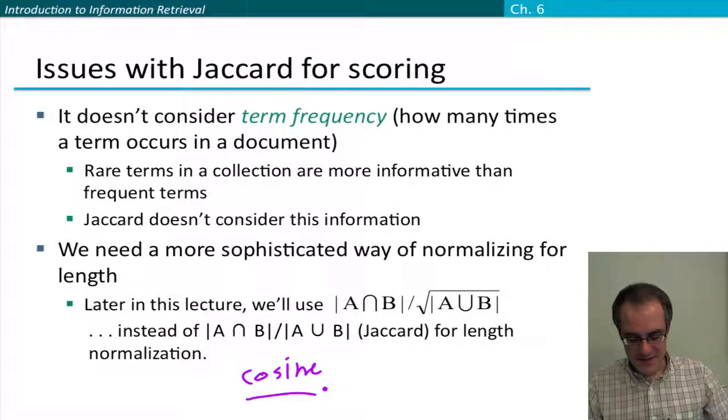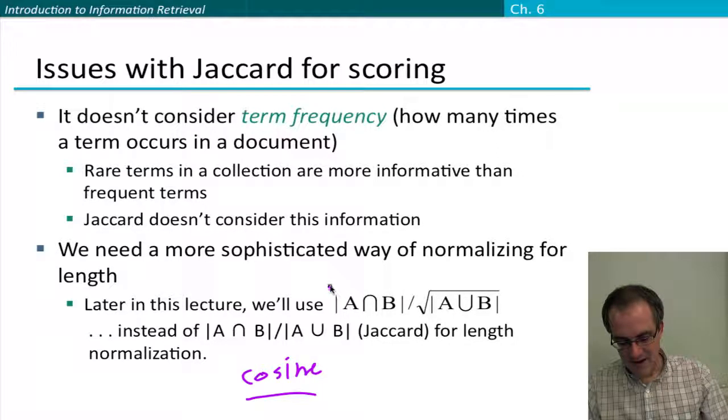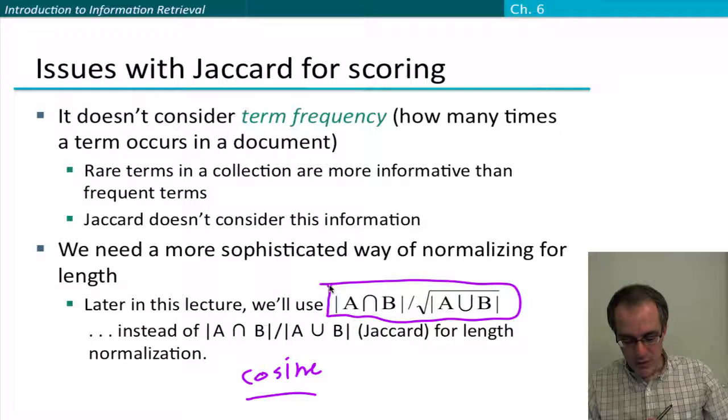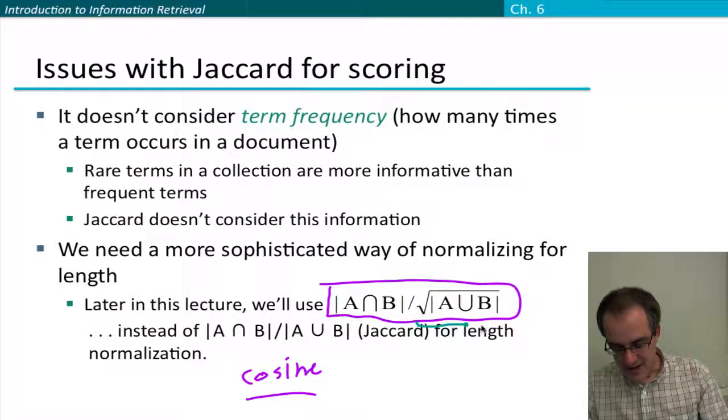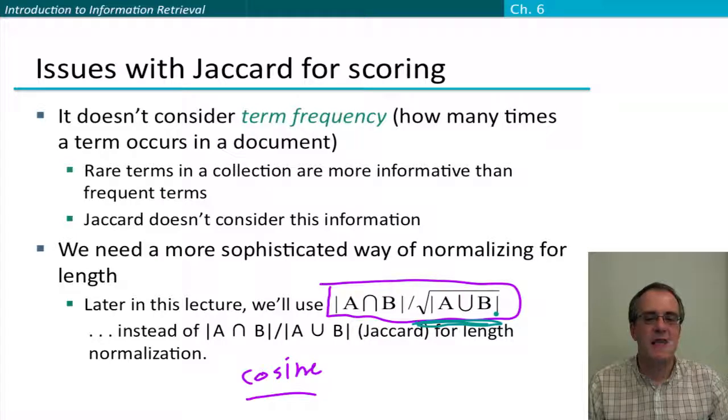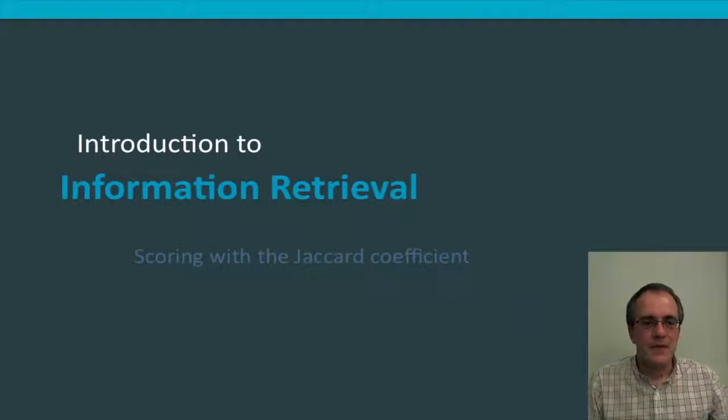But after you've seen that, you can come back and work out the cosine similarity score if you just have a 1-0 bag of words. It turns out to be like the Jaccard coefficient, except with a slight difference in the denominator: we're now taking the square root of the union. And that actually turns out to be a better form of length normalization.